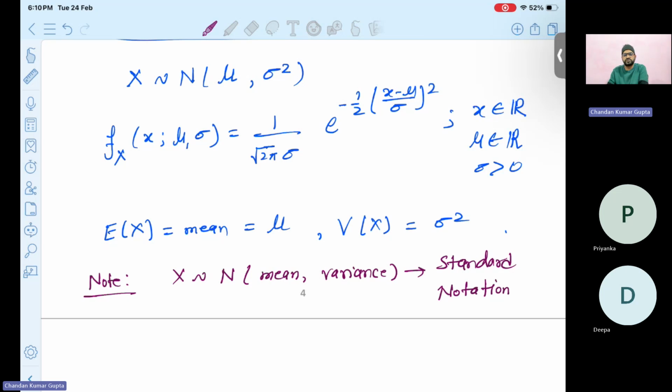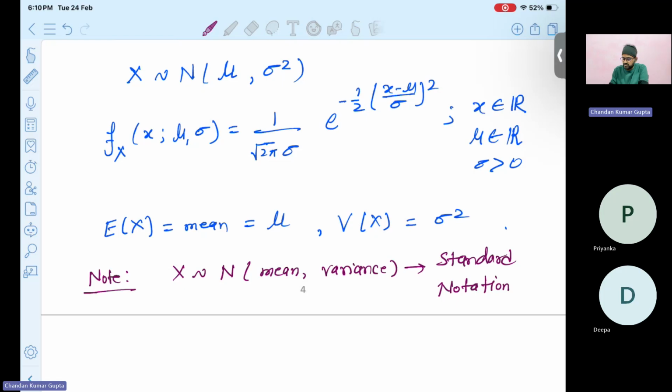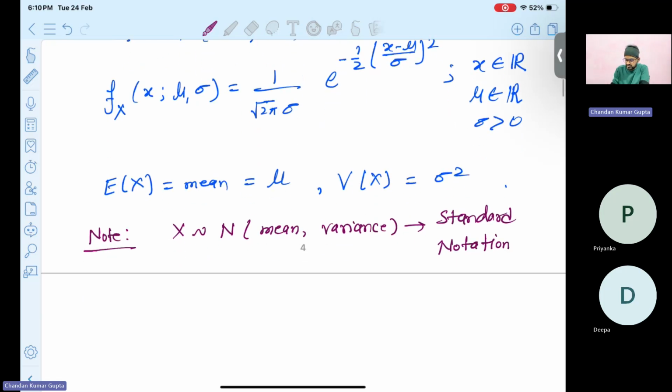This is the standard notation actually. Some people have written it like this: if Y follows normal with mean and its standard deviation.